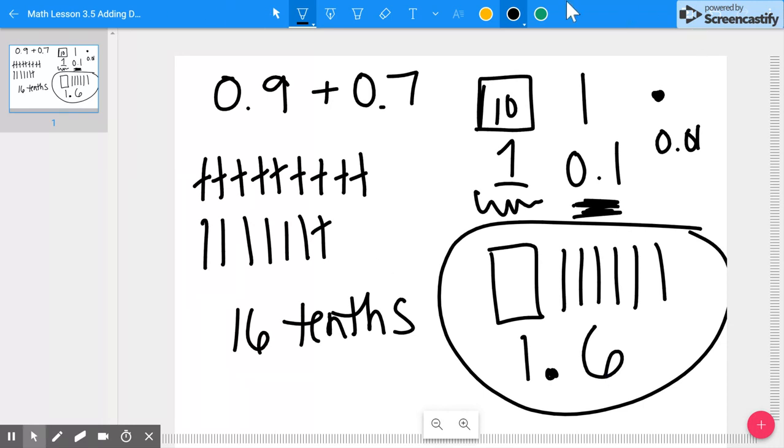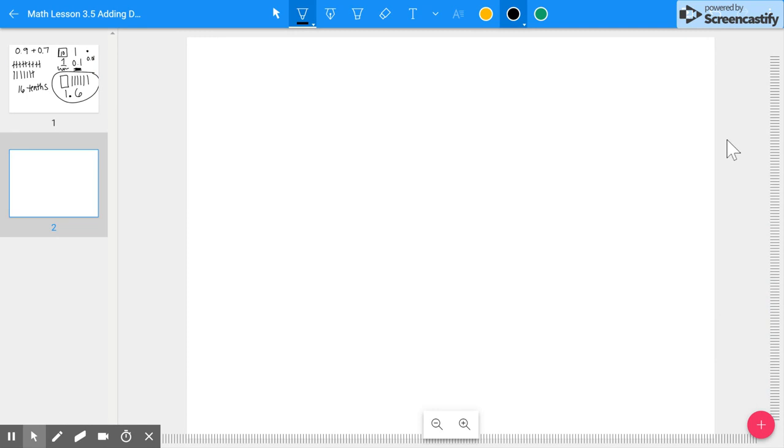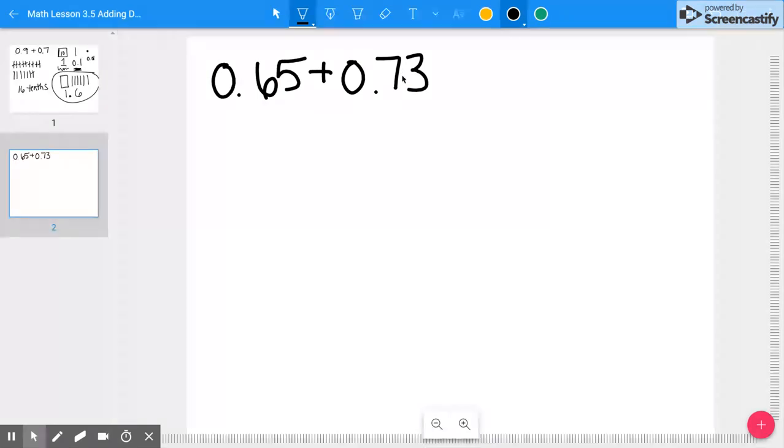Now, let's do another problem: 65/100 plus 73/100. I want to solve this using pictures. So remember, whole numbers are represented by a flat or a square, so that represents one whole.